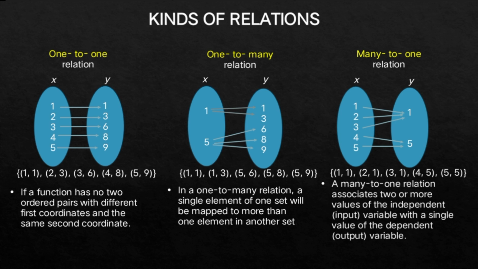In one-to-many relation, a single element of one set will be mapped to more than one element in another set. And last one, many-to-one relation, is the opposite of one-to-many relation. A many-to-one relation associates two or more values of the independent variable with a single value of the dependent variable.